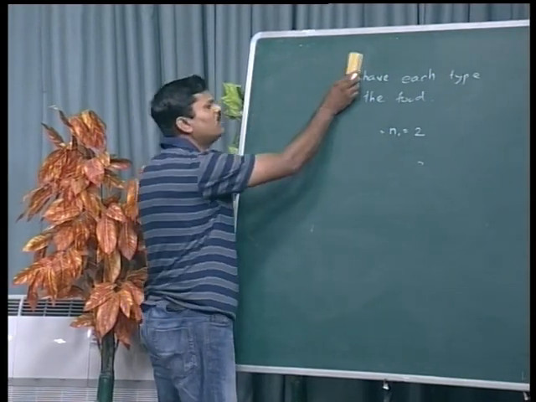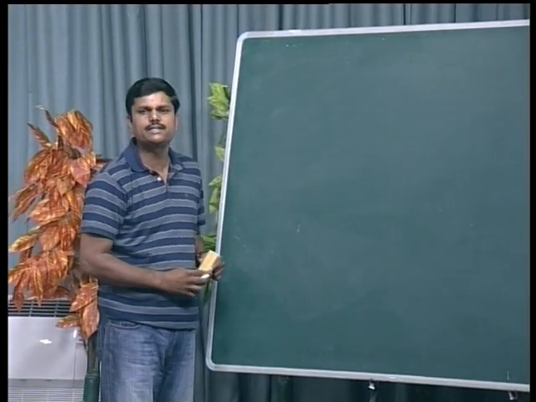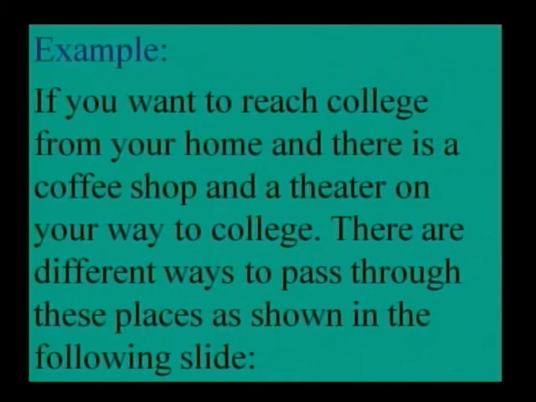But let us do some more interesting problems and some mathematical problems also. You can see the next example on your screen. Okay, this is also a non-mathematical example, but an interesting one. If you want to reach college from your home, okay, so this is your home and this is college, okay, and there is a coffee shop and a theater on your way to college, and there are different ways to pass through these places as shown in the following slide.